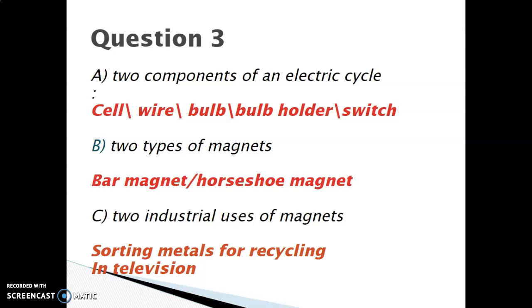They pull out the metals that the magnet attracts in the recycling process. Also it's used in television. Check your answers. I will wait some moments.